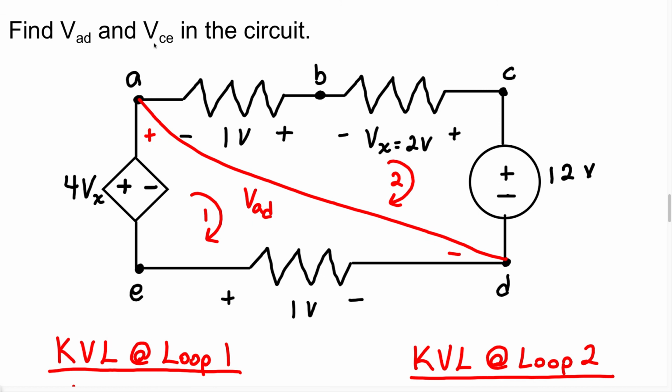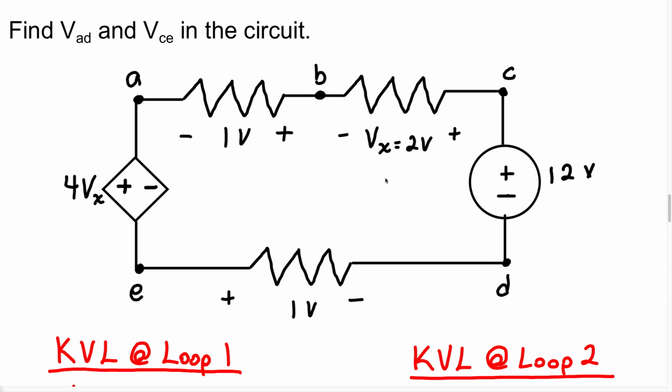Now, they also want us to find the voltage VCE. So I'm just going to clean up this diagram and move this wire that we added in. And then we're going to draw a wire at the points VCE. So let me just remove this. Okay, now we know we're going to have another wire that's going to be from C to E. We know this is going to be VCE.